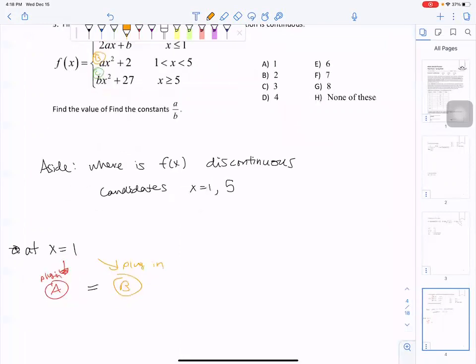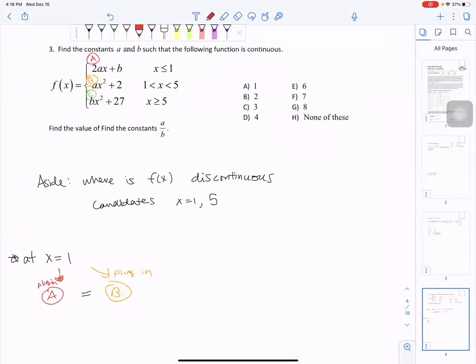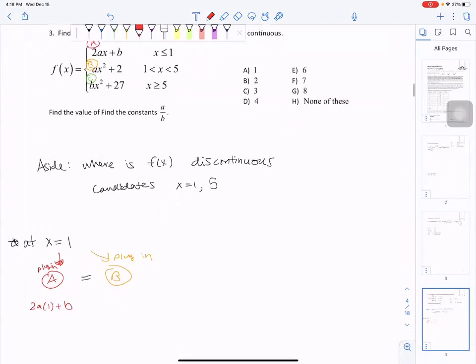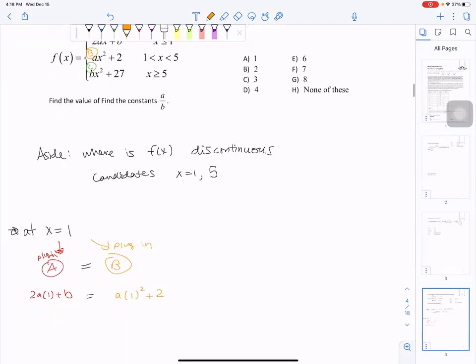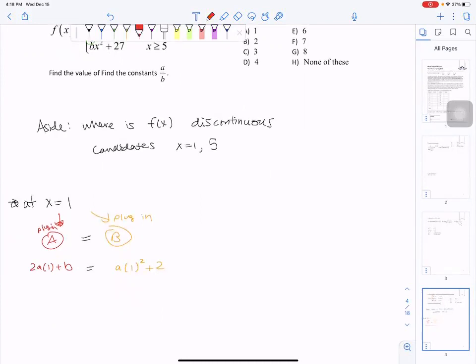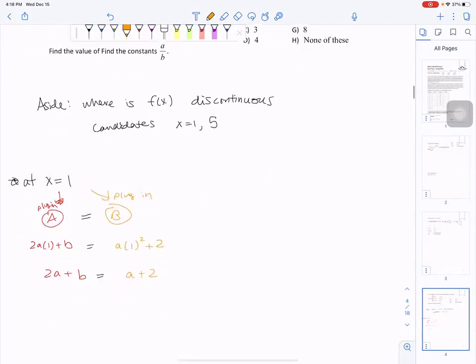So if we plug 1 into A for x, we get 2A times 1 plus B. And if we plug 1 into the second line, we get A times 1 squared plus 2. And we want those to be equal, right? So let's keep simplifying. We have 2A plus B equals A plus 2.